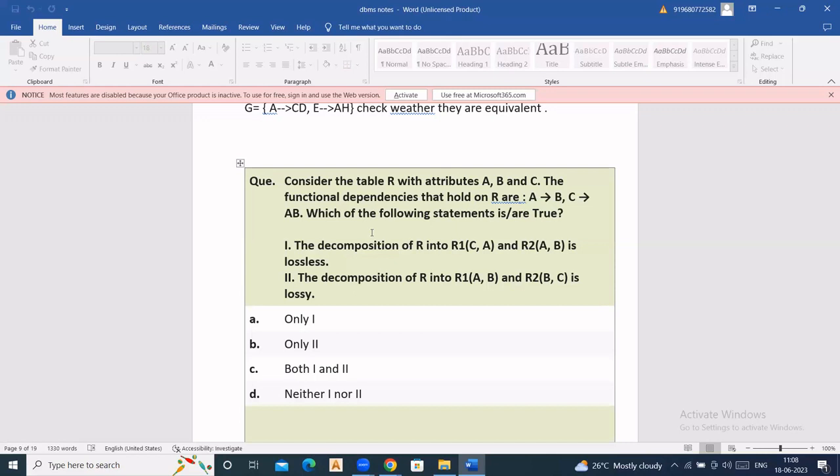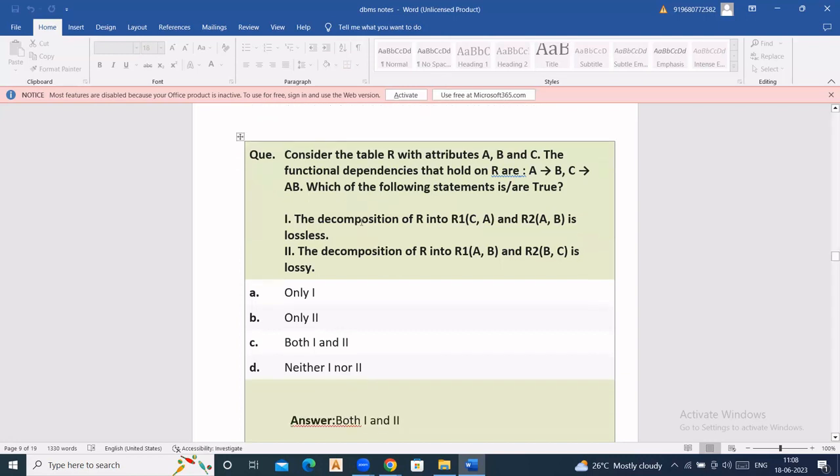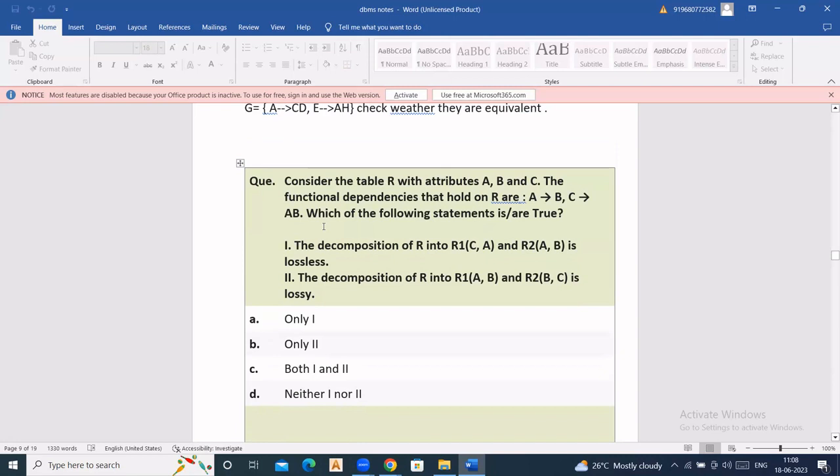What about other students? Abhay, Shruti, and LK? Yes, the correct answer is option C. Just wait, okay? R1 intersection R2.